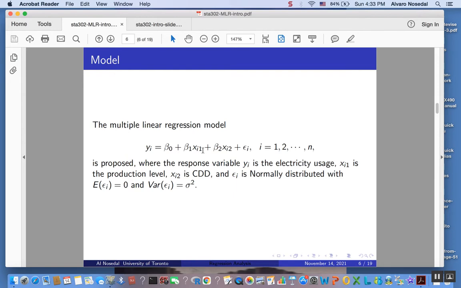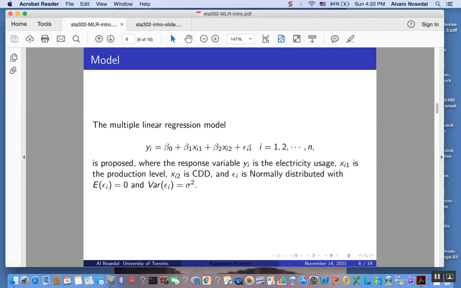Same as before, we believe that the relationship between those predictors and the response variable is roughly linear, and that we have these random fluctuations, these epsilons.